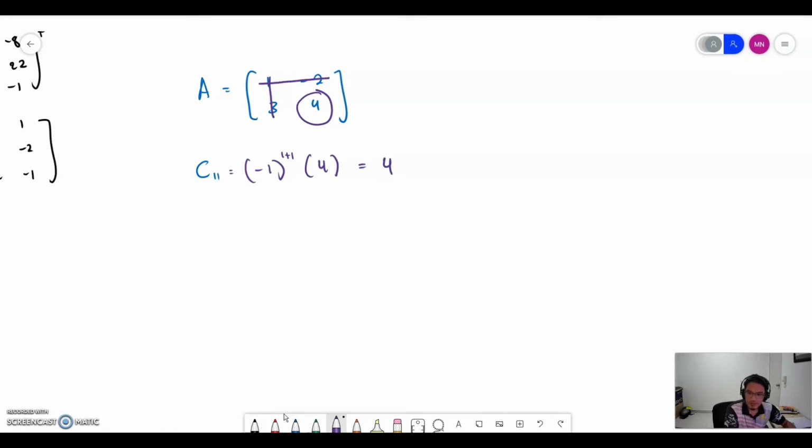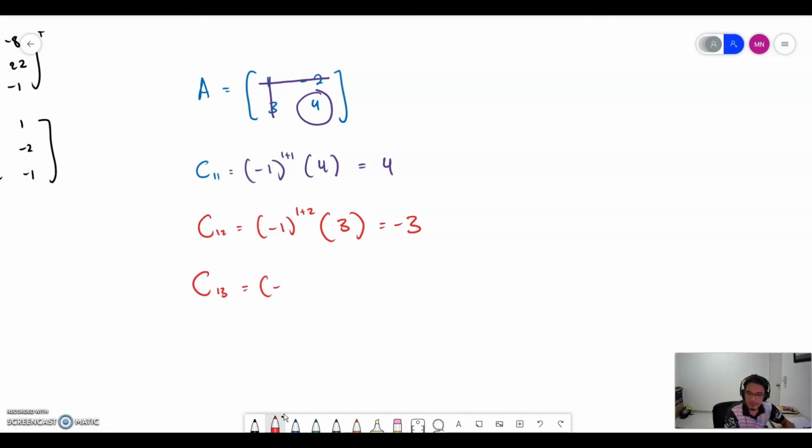So this is equal to 4. That is the cofactor C11 for the matrix A. Then for C12, negative 1 to the power of 1 plus 2. The first row, second column, so right here we have 3, so it is equal to negative 3.